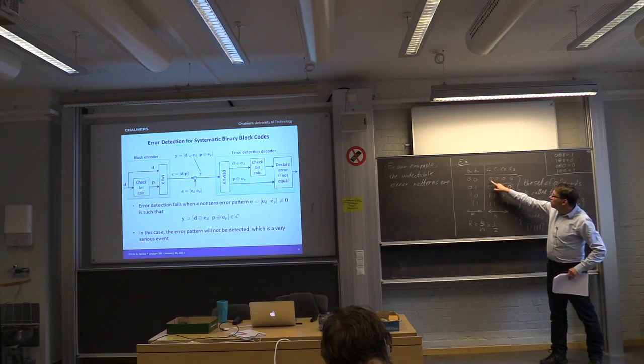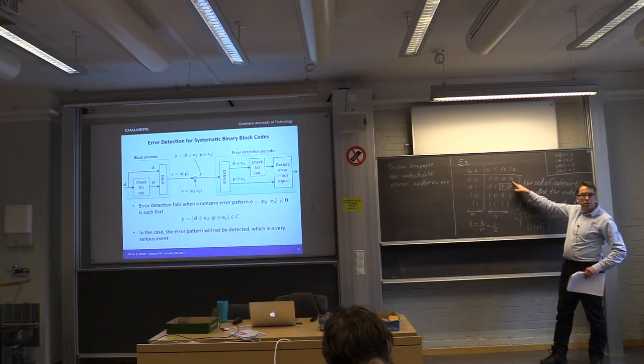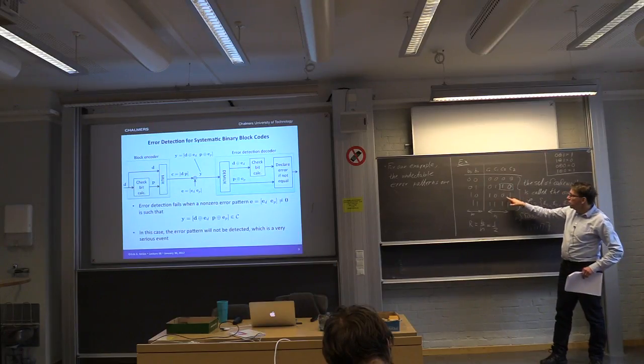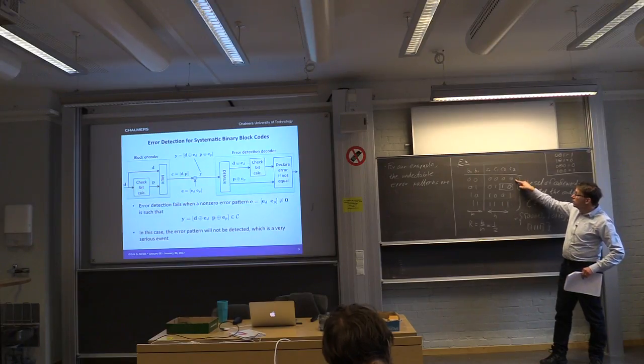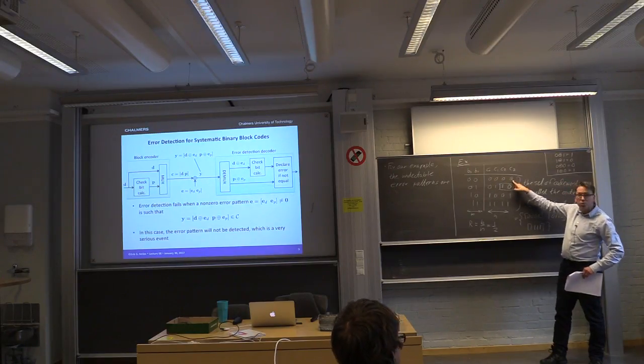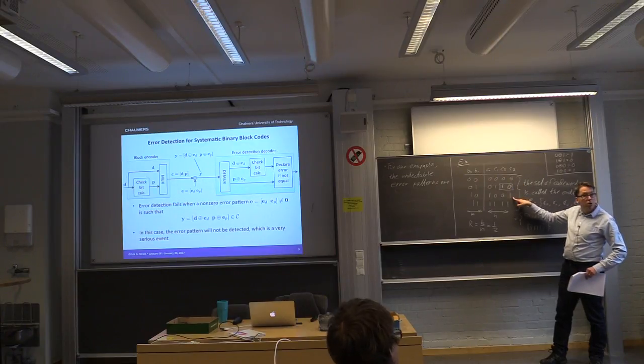But not if it's in the first and the last, because 1001 is a valid code word. If we transmit this, we flip the first and the last position, we get this code word as the received pattern, and the error detection circuit will say, great, no errors.